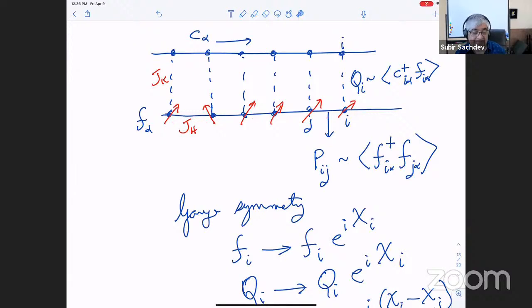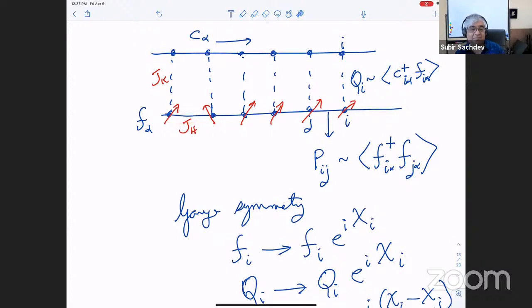And in practice, in the real world, the hope is that because you have this coupling to the conduction band, and these couplings are so frustrated as a result, these J sub H get modified by the presence of the JK. And that leads to sufficient frustration that the Fs will form a spin liquid.